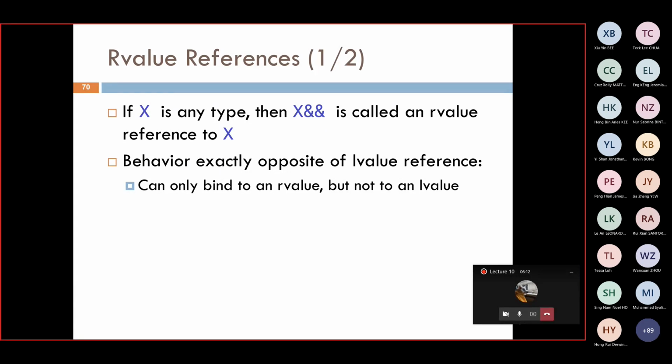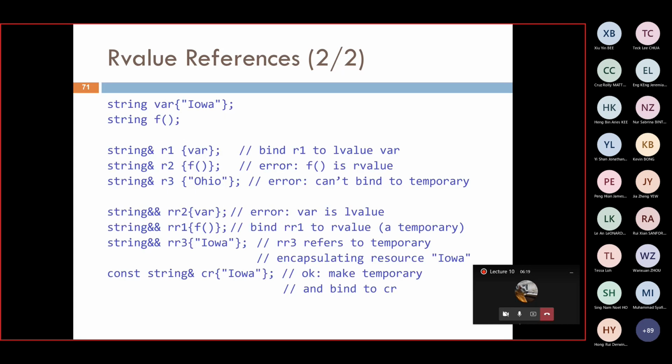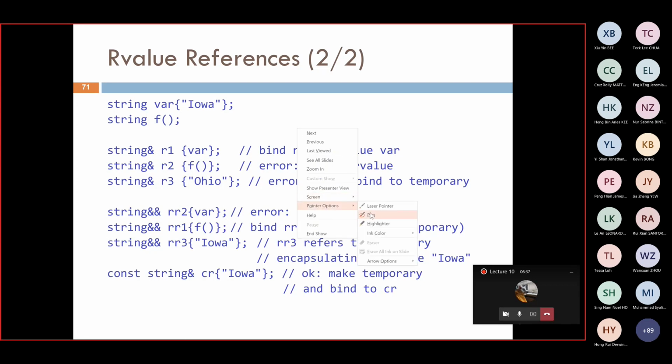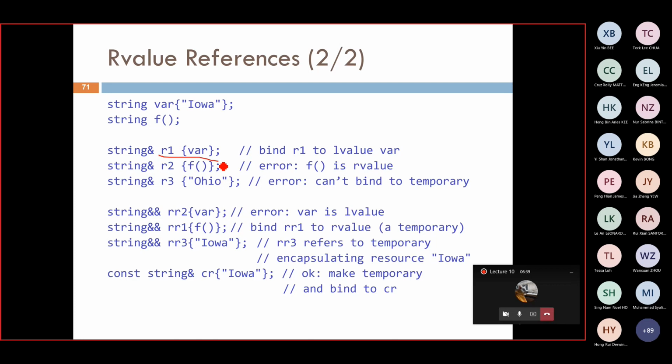So we spoke about L value references, const references, and then this is the third thing. And we spoke about how the behavior of R value references is completely opposite to L value references. L value references can bind to named objects, which is what you see with this one here. But they can't bind to R values.